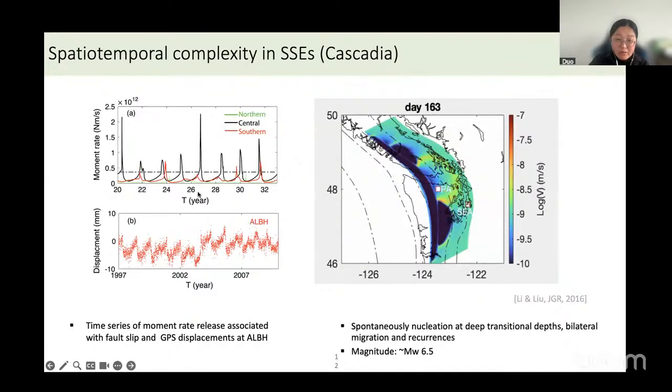If we look at the deformation with time, we have the figure on the left. The three curves, green, black, and red, represent the total moment rate observed at three positions along the fault.